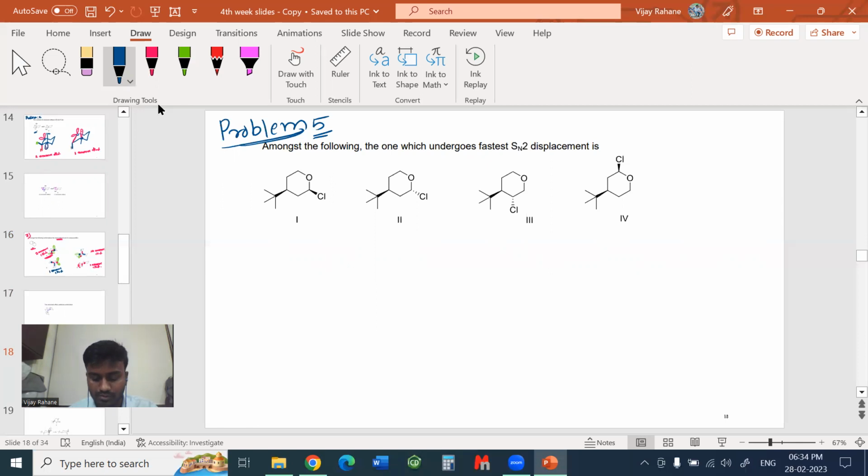So we will always try to draw such examples first in the chair form, and then see. We'll draw the chair first.